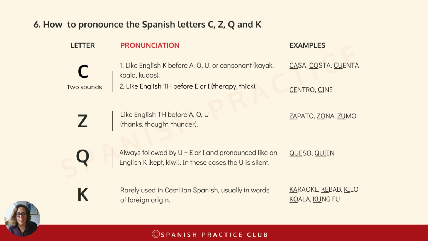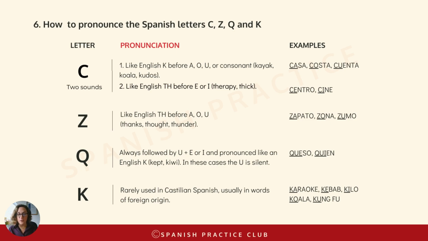The next letter down is the Spanish Q, which is Q. This letter in the Spanish language is always, 100% of the time, followed by U, and it can only be followed by the vowels E and I. So you will only find it in the pairs UE or UI.